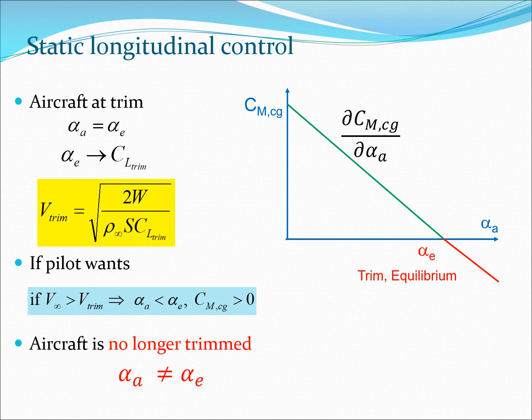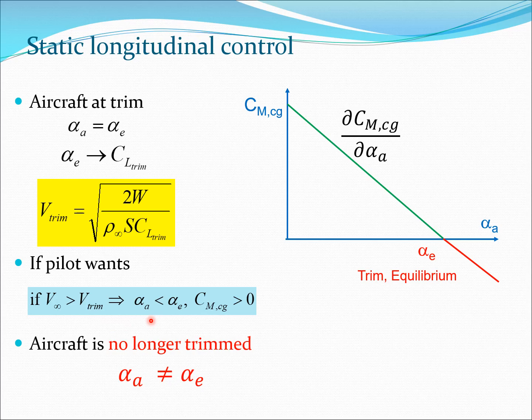Now in the current slide we are going to discuss the reverse case. Again you are in the trimmed condition, so you have alpha A equals alpha E. You are flying at this CL trim value, and the V trim value is given by this equation here. Now the pilot wants to increase the speed, so V infinity should be greater than V trim.